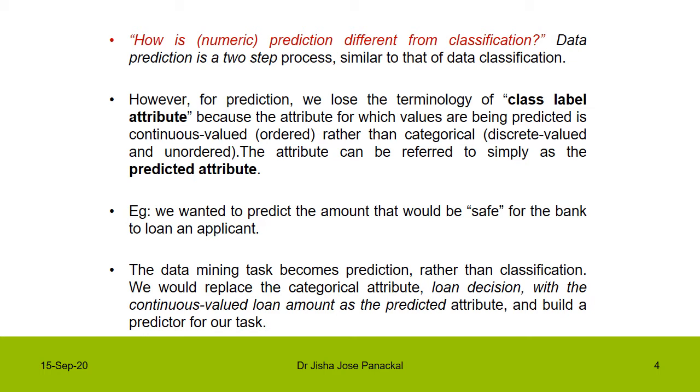So this can be explained when a question arises, what is the difference between prediction and classification, and you can add some more points regarding this when we come to the issues regarding these two methodologies, that is prediction and classification.